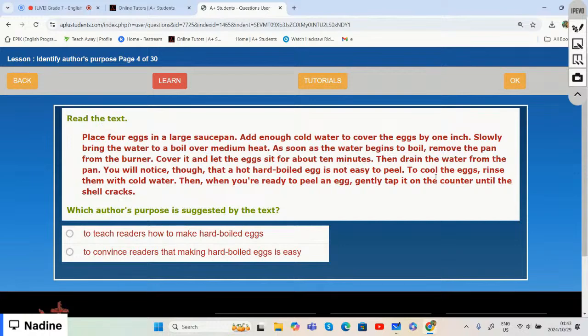Cover it and let the eggs sit for about 10 minutes. Then drain the water from the pan. You will notice, though, that a hot, hard boiled egg is not easy to peel. To cool the eggs, rinse them with cold water. Then, when you're ready to peel an egg, gently tap it on the counter until the shell cracks.